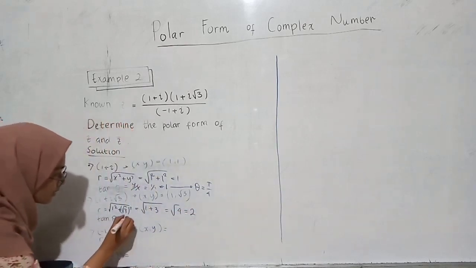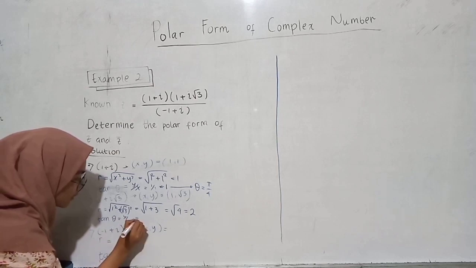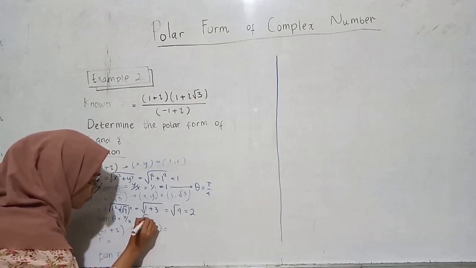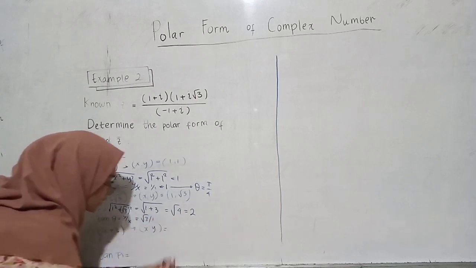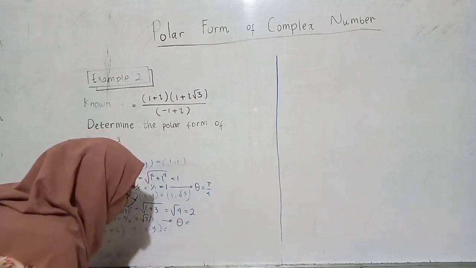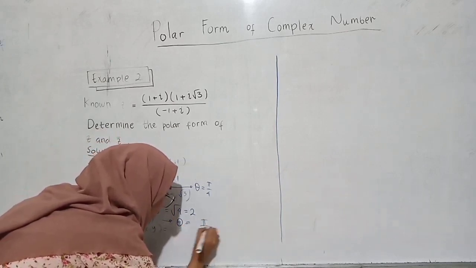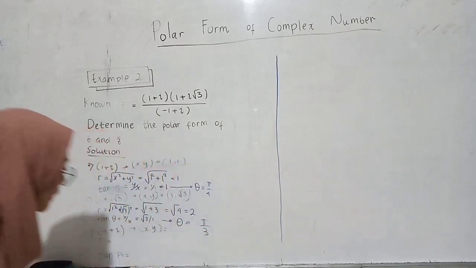And tan theta is y over x, that is √3 over 1. So we get theta equals π over 3.